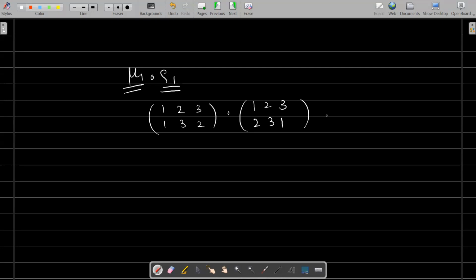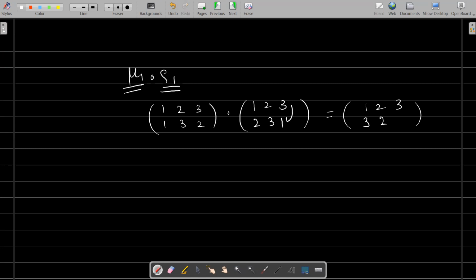Okay, and you can do it this way. First 1 will go to 2 under this, and then under this 2 will go to 3. So together 1 goes to 3. Then 2 goes to 3, and that 3 goes to 2 here, so finally 2 goes to 2.